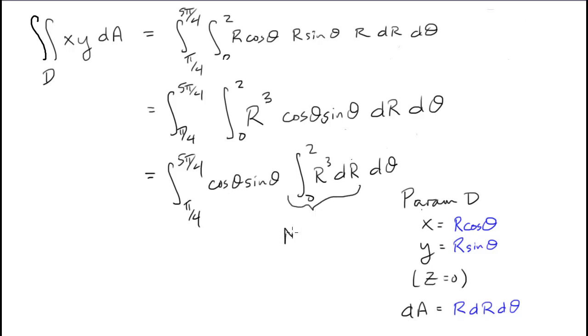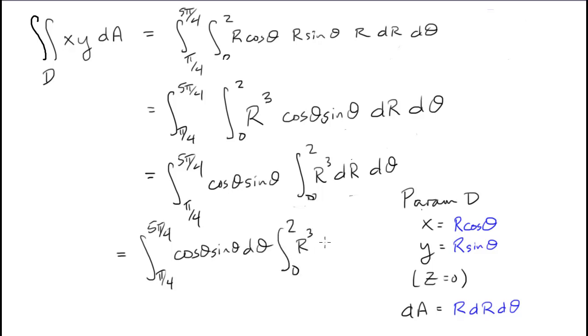There's no theta terms in the integrand, no theta terms in the limits. It's a constant. I can pull it out. Calc 1 integral times a calc 1 integral. Call it done.